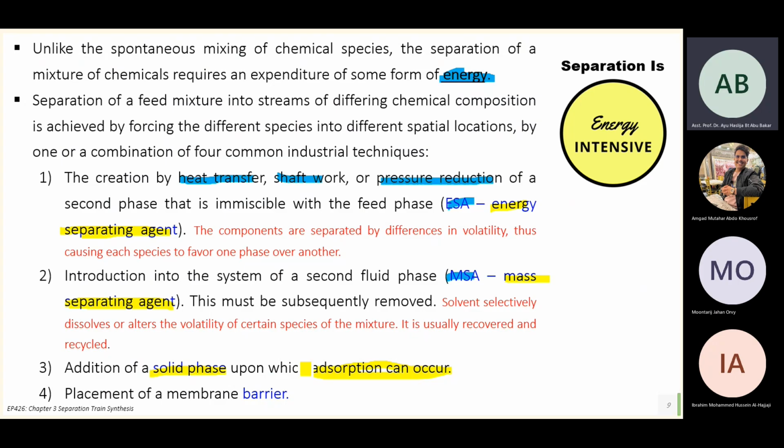In adsorption, solid phase means the adsorbent, which can adsorb the components that you want to separate. Or you can also place a membrane as the barrier. That one is case by case, depending on your component properties.